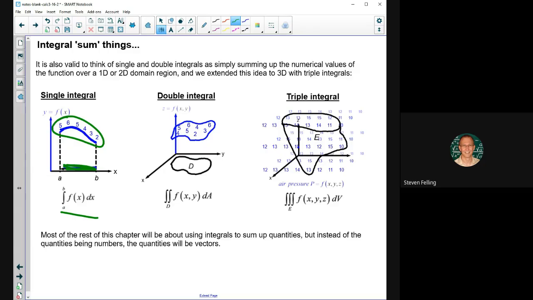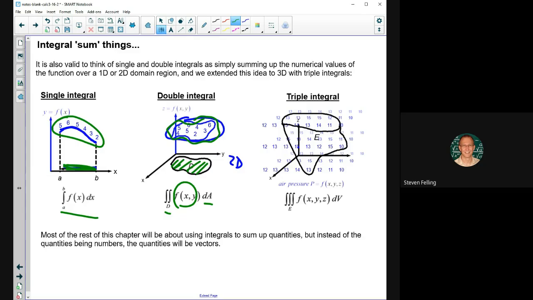Okay, and then we had a double integral, which said that, okay, we have an entire surface of values for different places in the 2D domain, right? And then we want to sum those all over here. So I'm summing all of these values basically on a surface over a region in the domain with a double integral, right? And the values we're summing are the integrand, the values of the multivariable function for those places in the domain.